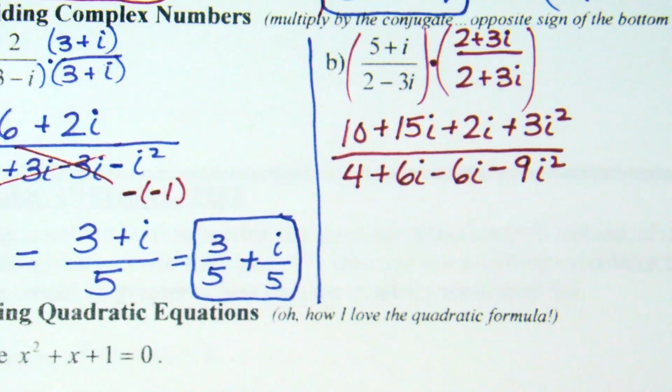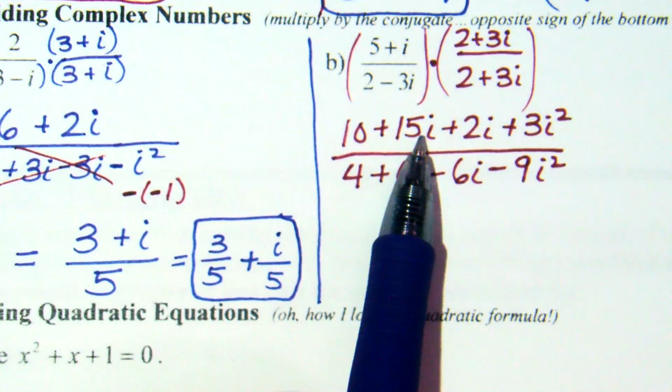What's this 3i squared going to become? It's really going to turn into minus 3, isn't it? Because i squared becomes negative 1. So 10 minus 3 is 7. Plus, we already decided we had a 17i. So 7 plus 17i.